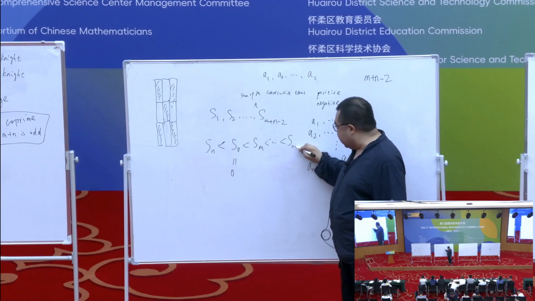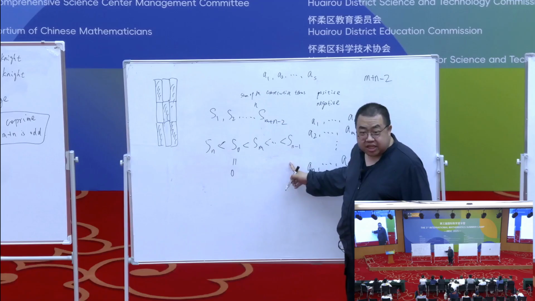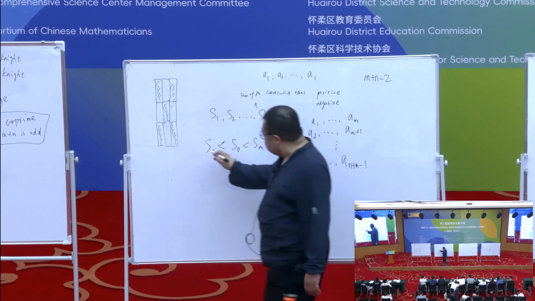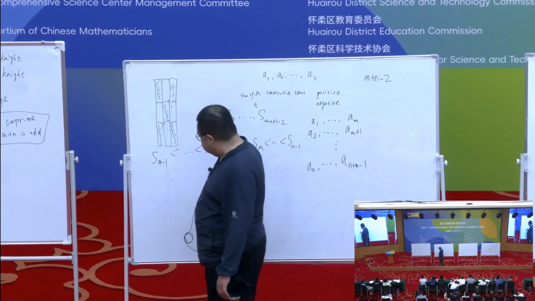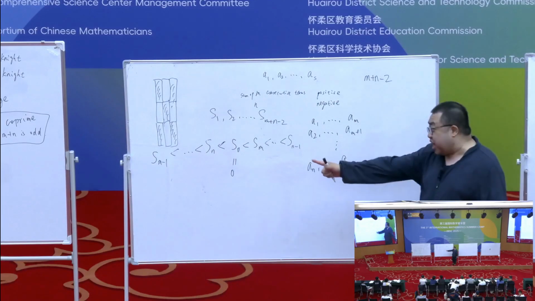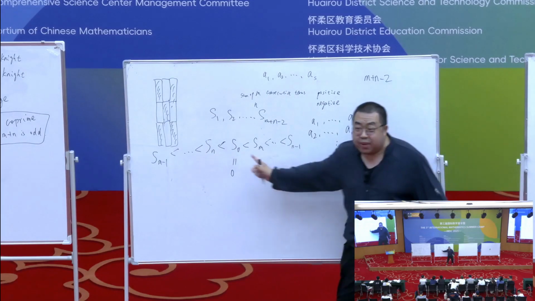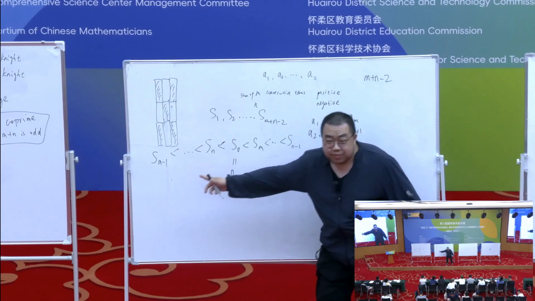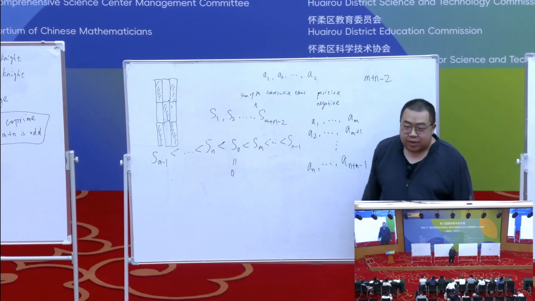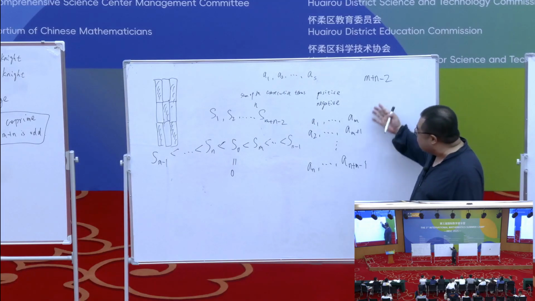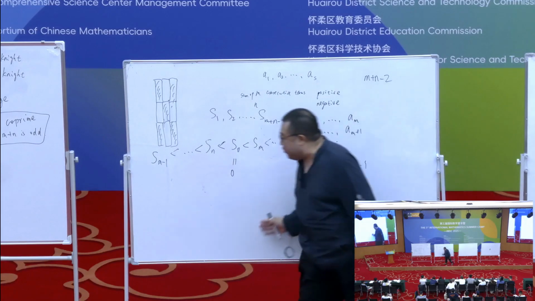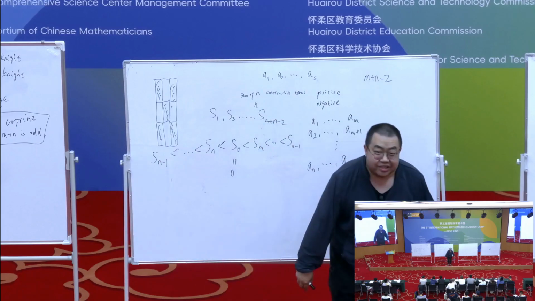Well, it should be S_{m-1}, right? From here, you can't go any further. So you can always assign values to the partial sums because they form a chain. But if there's one more term, then they form a cycle, which is a contradiction.